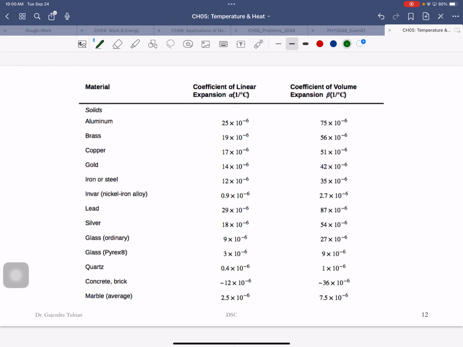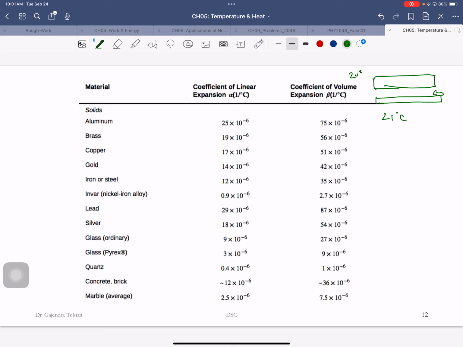So let's say you have an aluminum meter stick. A meter stick is about this long. What we're going to do is heat this by 1 degree Celsius. So here's a 1 meter aluminum meter stick at 20 degrees Celsius, and we are going to raise the temperature to 21 degrees Celsius and measure the expansion.